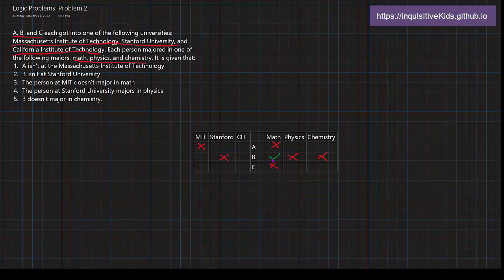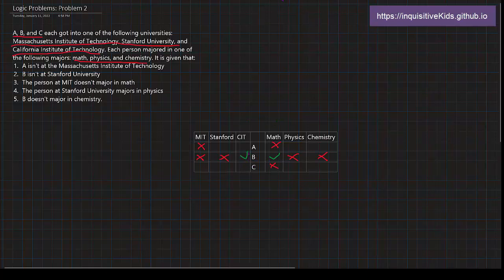So if you're at MIT, you don't major in math, but B does major in math, which means that B is not at MIT. Great job. So then B must go to the California Institute of Technology.